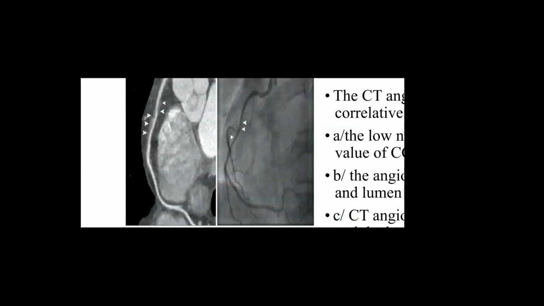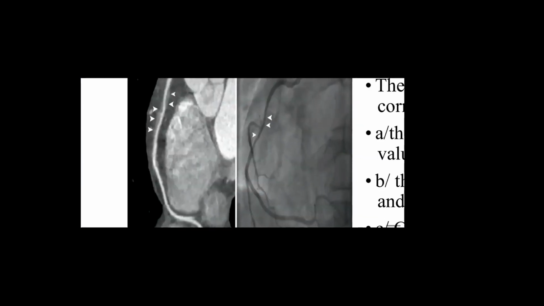Look here. When you look at the CT, it is showing you a bulky atheroma around the contrast. That is not shown in invasive angiogram because the cardiac CT sees the wall and the lumen, and coronary angiogram sees only the lumen. Yes, and that is why the CT has high negative predictive value.